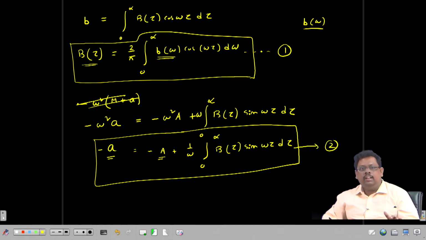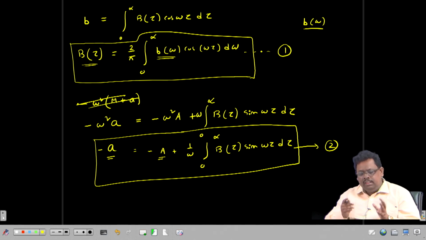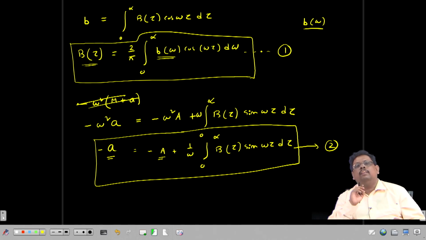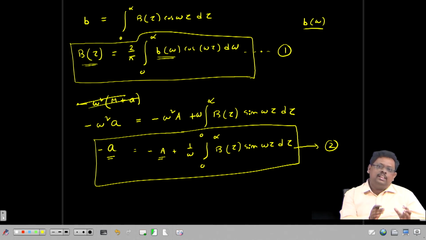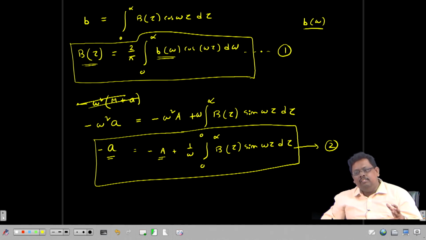From equation 1 and equation 2, I understand very well that I can get b tau, which is the time domain damping coefficient, and also capital A, which is the time domain added mass. Again, the question remains why we are doing this, because to get these two we need the frequency domain results.